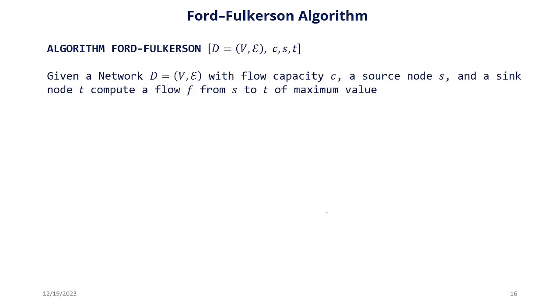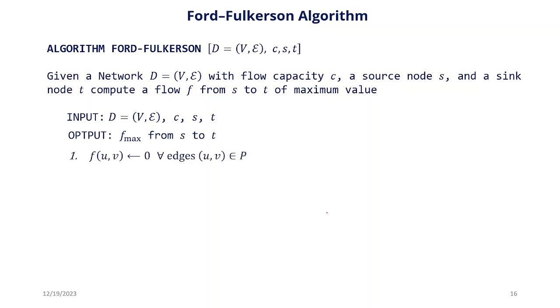Given a network D = (V, E) with a flow capacity C, a source node S, and a sink node T, compute a flow from S to T of maximum value. Input: we have the graph, we have the capacity, we have the source, and we have a sink. Output: maximum flow from S to T.